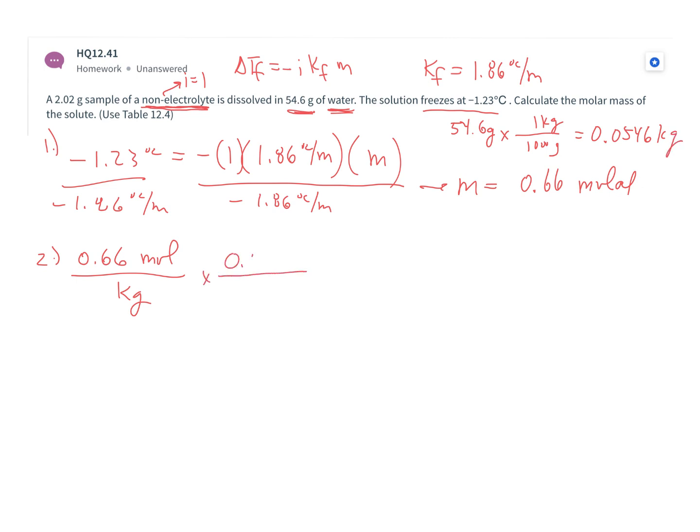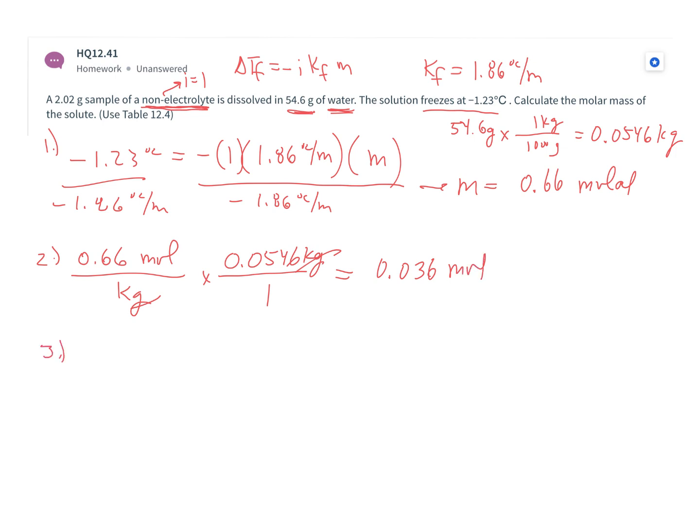So I'm going to multiply this by 0.0546 kilograms over 1 to see that kilograms cancel out, and I'm left with 0.036 moles of my unknown.